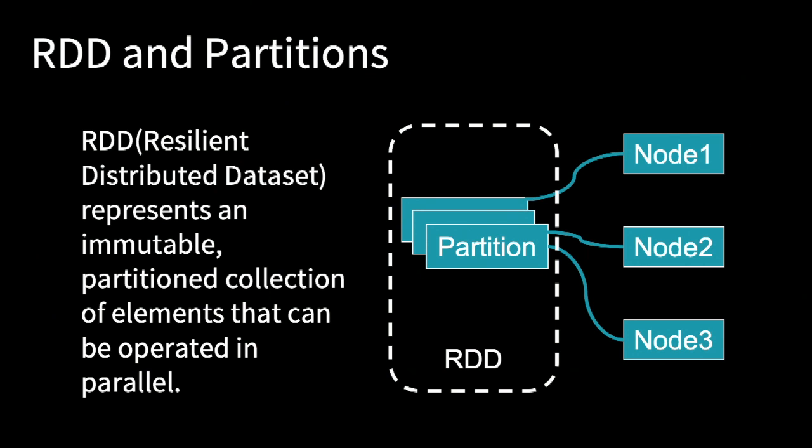From the point of view of Spark SQL, RDD is also an internal data abstraction that can represent the input and output data. Each RDD can consist of one or more partitions, and each partition may get fully retrieved from a single node. This also means we can execute physical operators on different partitions of the same RDD at the same time. So in this way, we can explore parallelism.